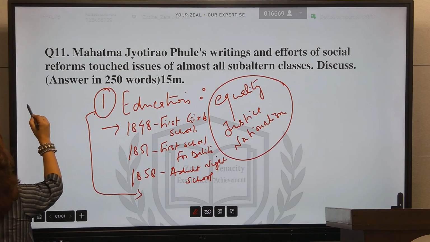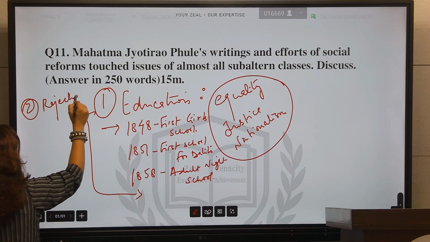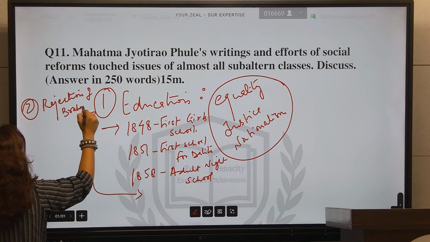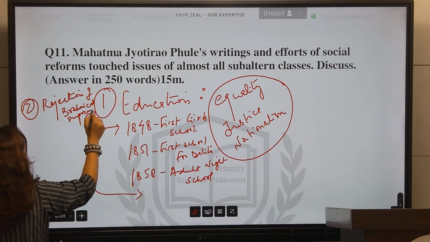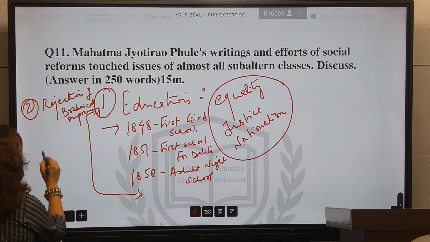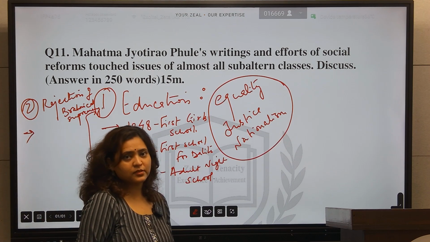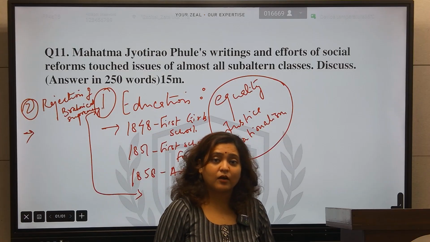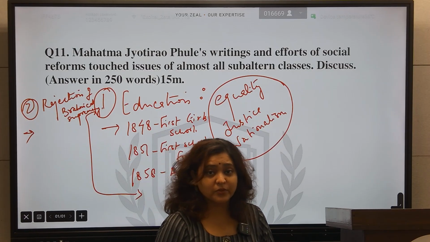The second thing he worked for was the rejection of Brahmanical supremacy. He rejected the Brahmanical scriptures, because he believed that these scriptures perpetuate social hierarchies and therefore discrimination.